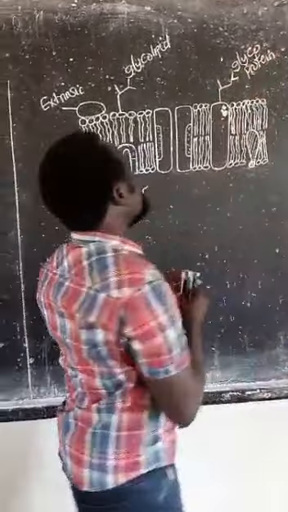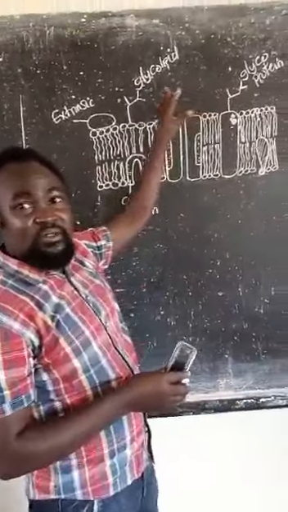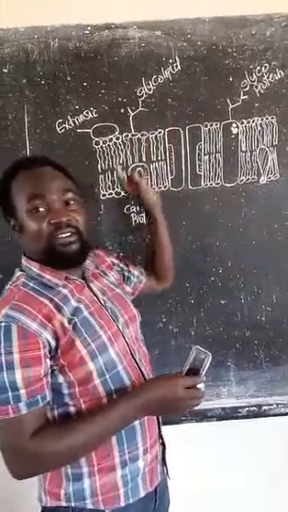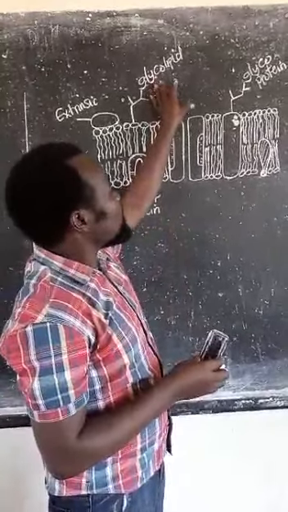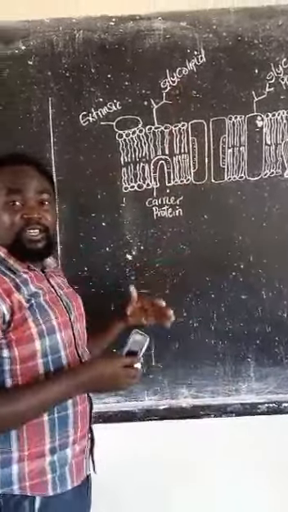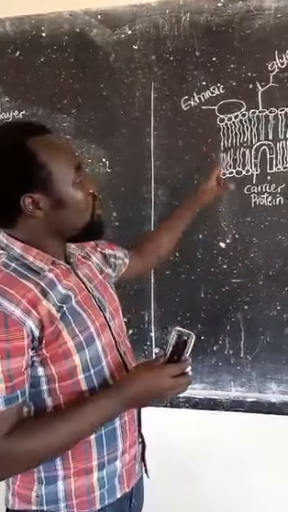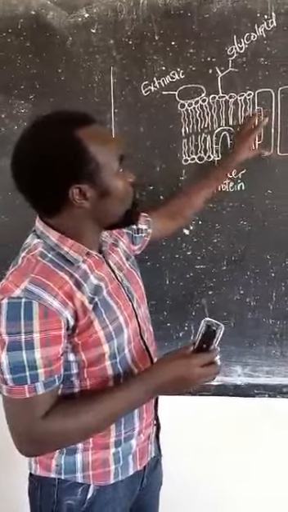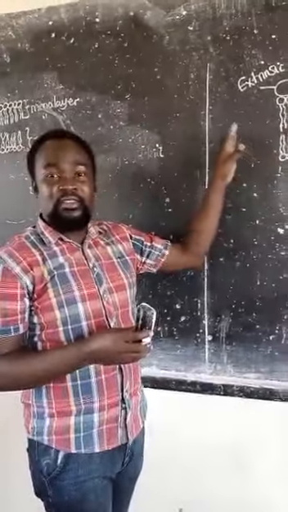And these two can act as antigens for cell-to-cell recognition, or they can act as receptors for cell signaling. So that is what we can basically talk about, the components of the cell membrane.